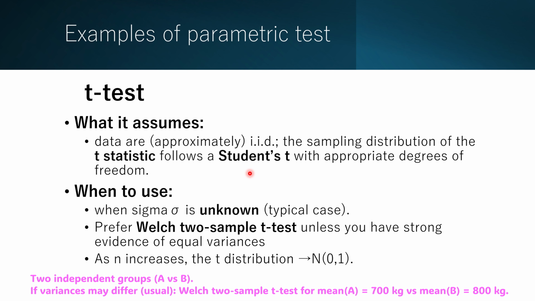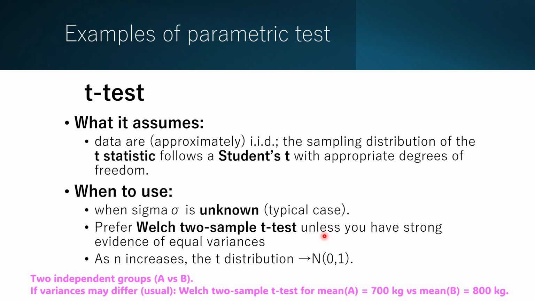With small samples, we rely on the t-distribution. For two groups with possibly unequal variance, prefer the Welch two-sample t-test, the modified version. It adjusts the degrees of freedom.